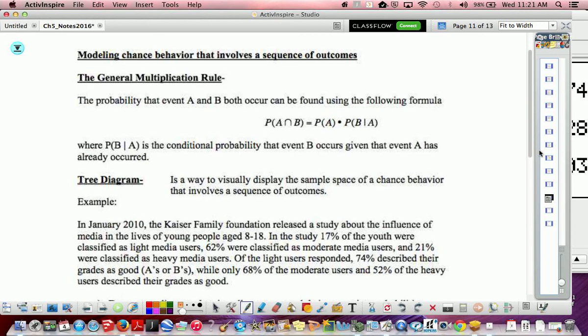Now, modeling chance behavior that involves a sequence of outcomes. This is what we call our general multiplication rule.